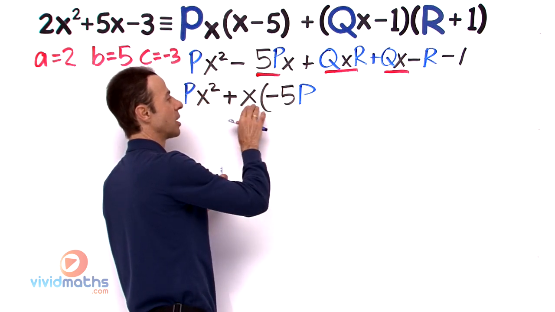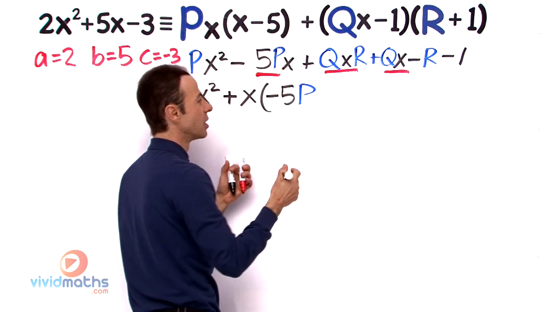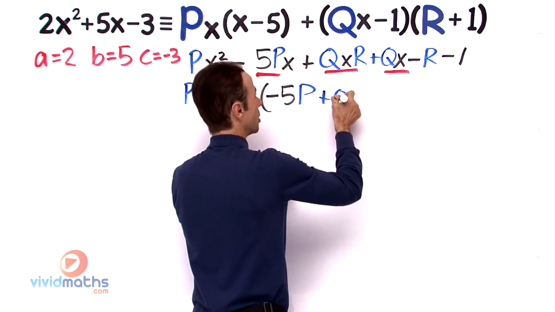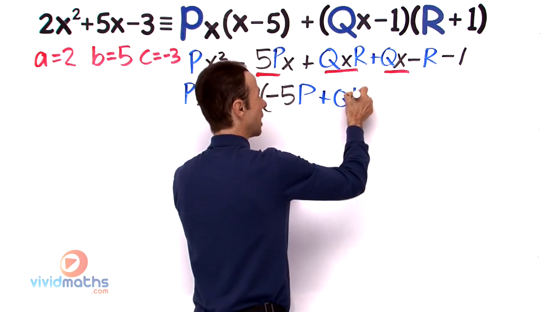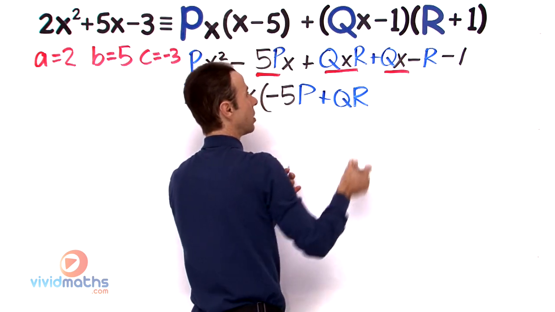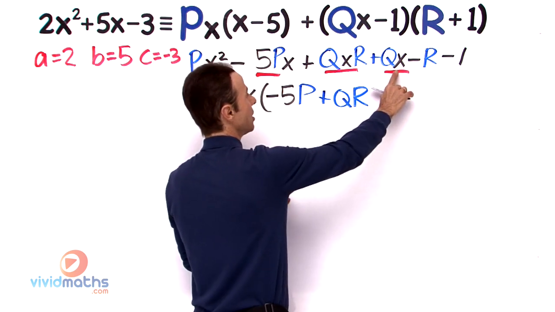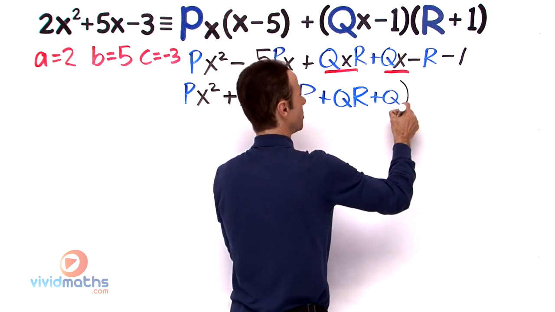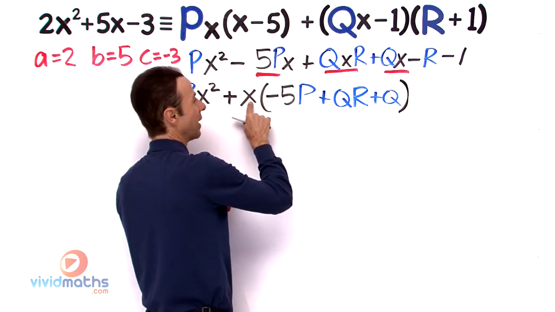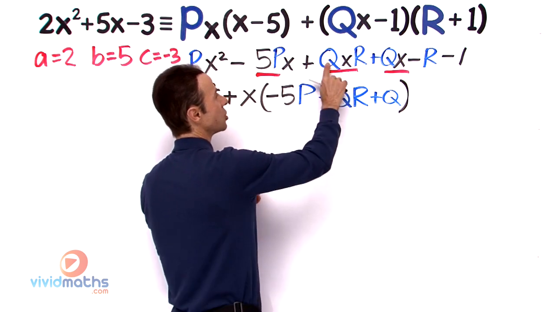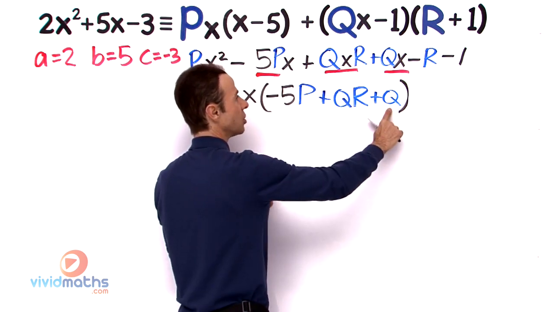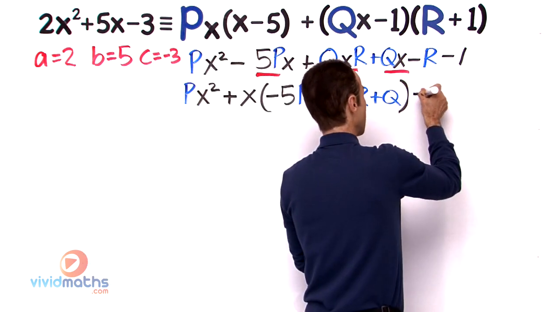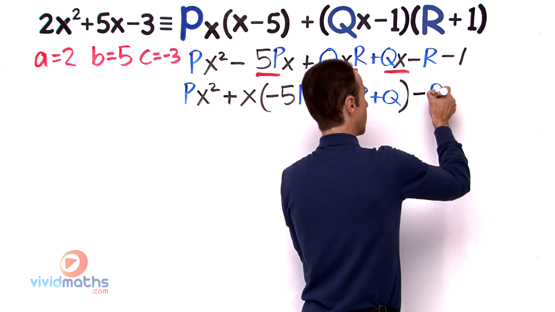Negative 5p times x is negative 5px. That works. Now we also have a plus qx, so all we have to do is go plus qxr, so plus qr in here, and we have a qx there, so all we need to do is go plus q. Let's test it by expanding again. We have x times qr, so that's qxr. We've got x times q, qx, that works. Let's just write the end part now. So that'll be take away r minus 1.